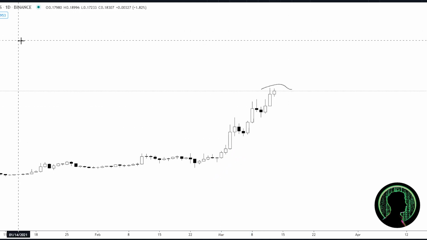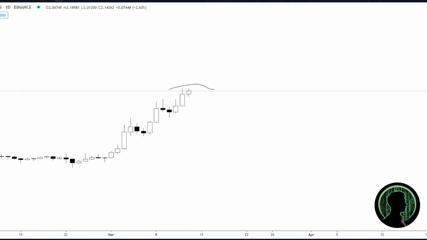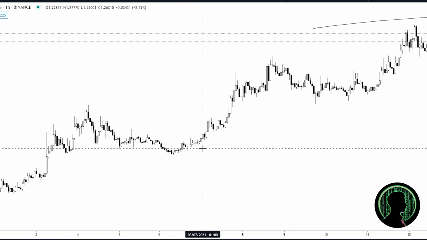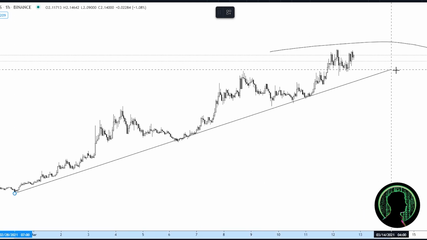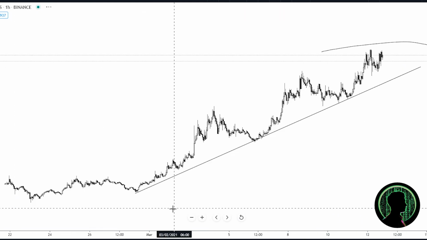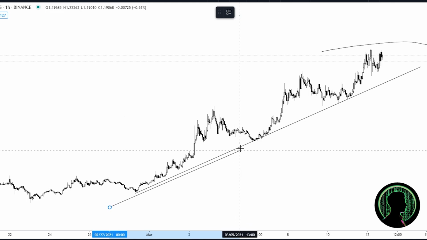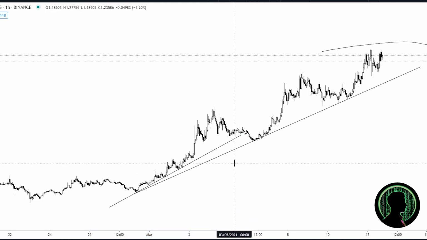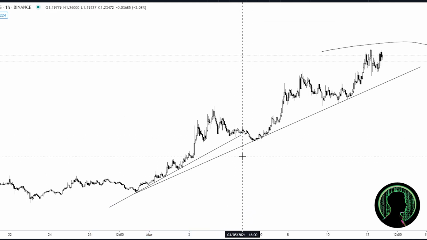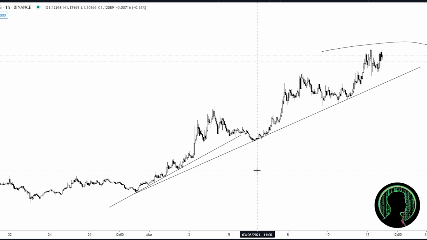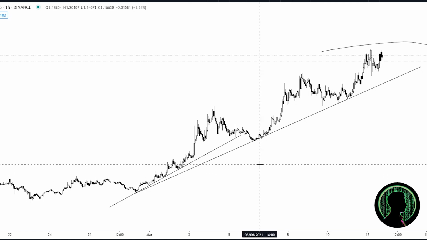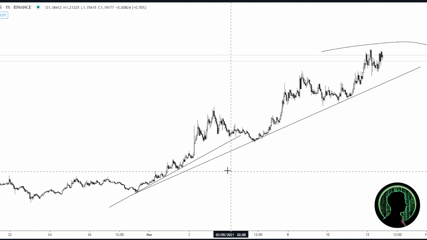But a couple things that you can do is draw a trend line. What's really nice about trend lines is that they take into account time, okay? And when you take into account time, you're able to accurately account for momentum. And when you see momentum, you want to buy into it.